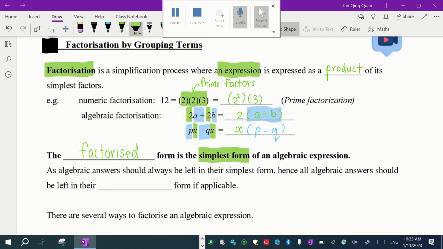Okay? So as algebraic answers should always be left in their simplest form, where possible, where applicable, we should always strive to leave all our answers in factorized form. So that is something for us to take note.